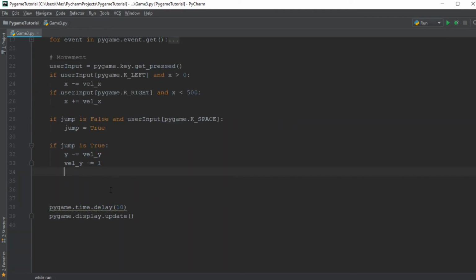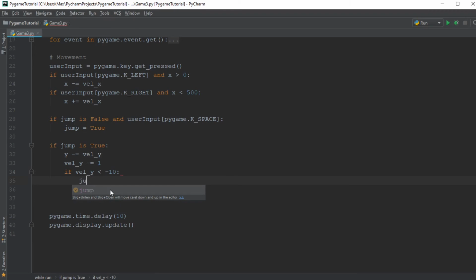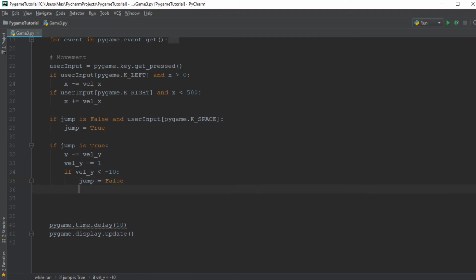And if the velocity in y direction is smaller than -10, we want to finish the jump by changing the variable jump to the value false again, and we want to change the value of the velocity to its original value, which was 10.